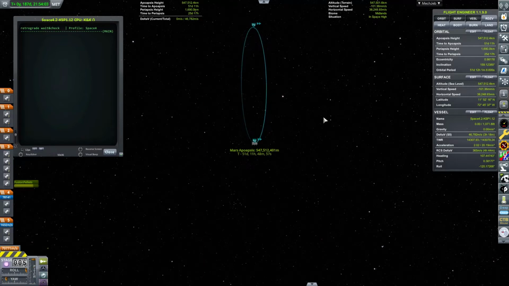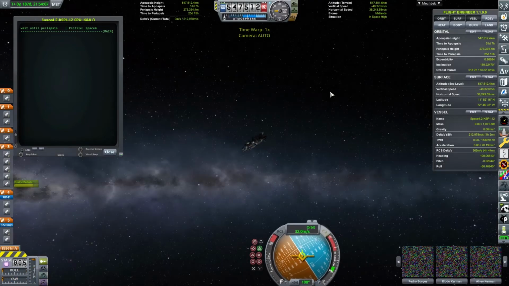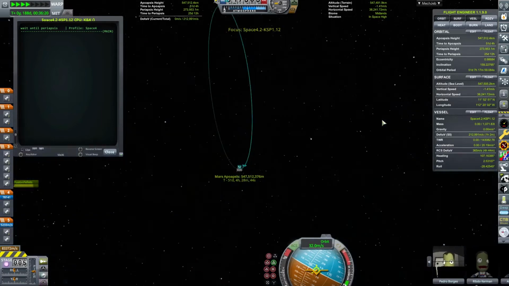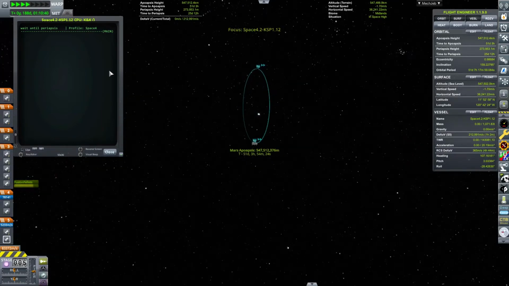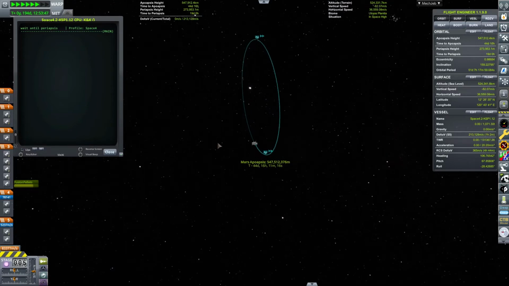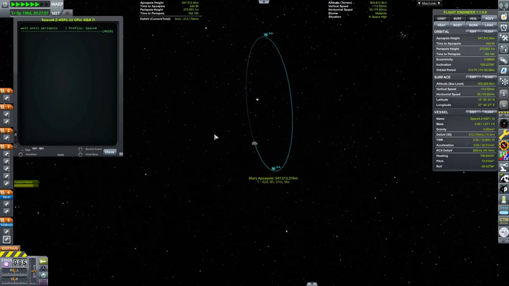Now our periapsis is slightly below 300 kilometers of altitude, and we are just waiting to get there to do a burn that will put us into a circular orbit around Mars.